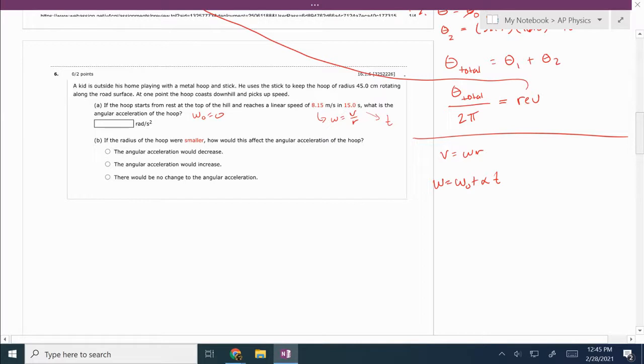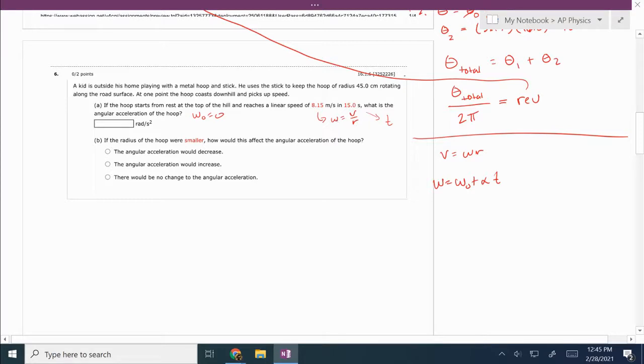Well, think about where r is. Let's assume the linear speed, this 8.5, is going to stay the same. So if I made it a smaller r, then I'm going to divide the velocity by a smaller number.